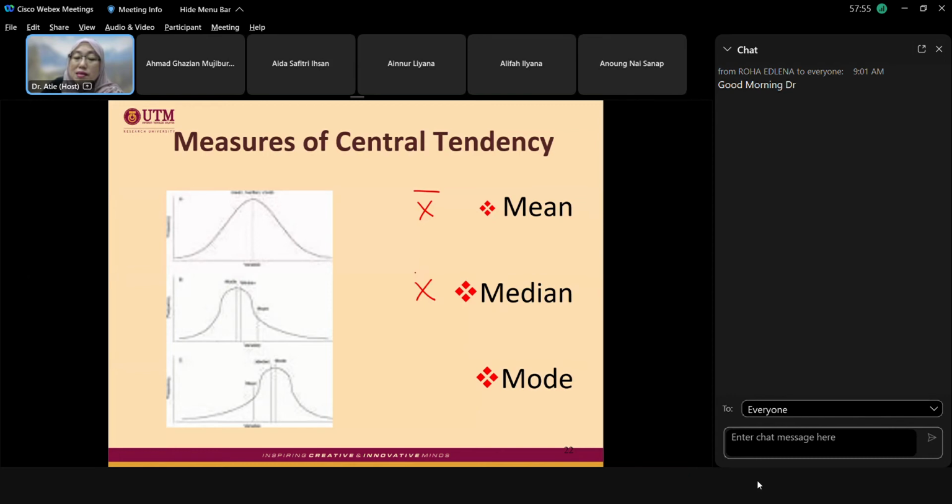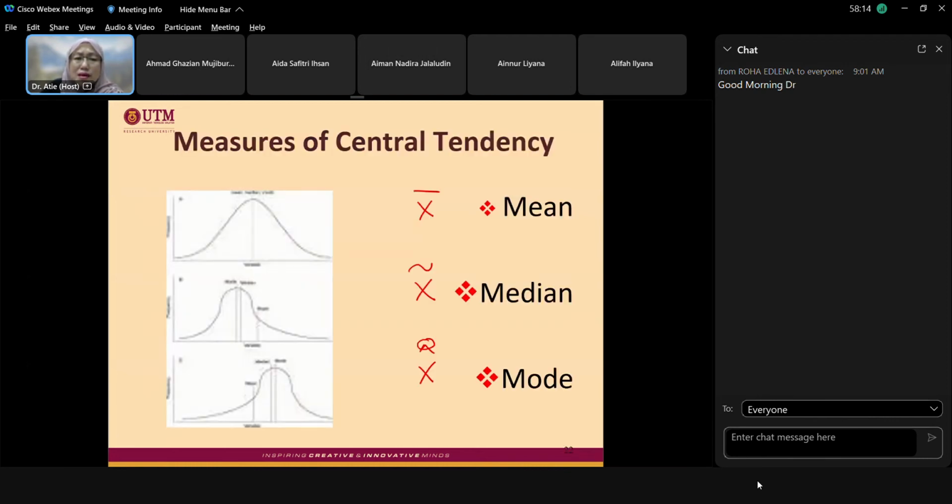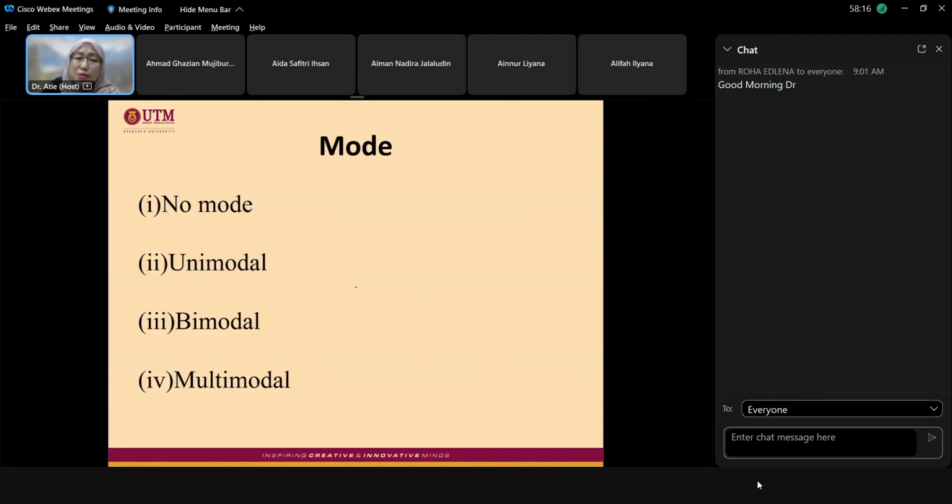The median is X, like a yin and yang. And this one we call X hat, like a mountain. This is the peak, the highest. We already discussed mode, when we have no mode, unimodal, bimodal, and also multimodal.